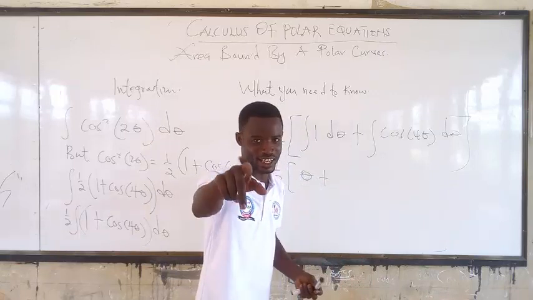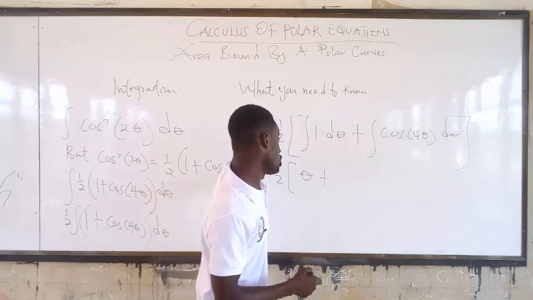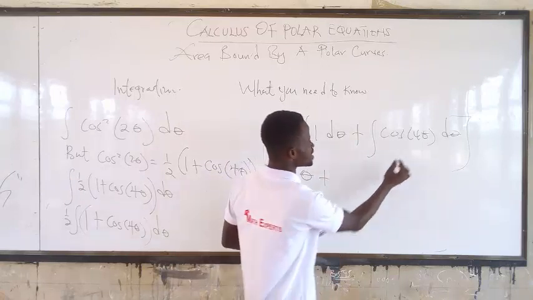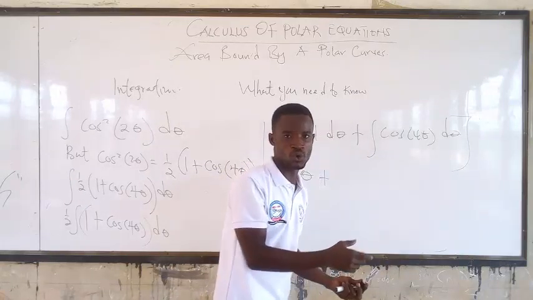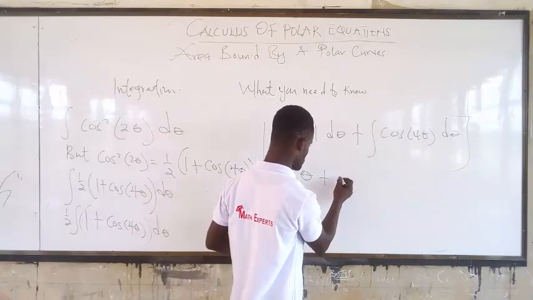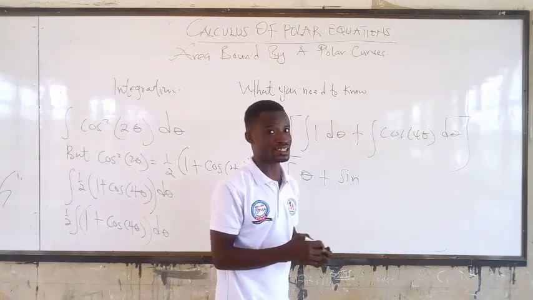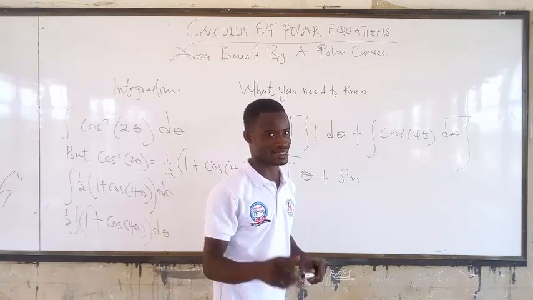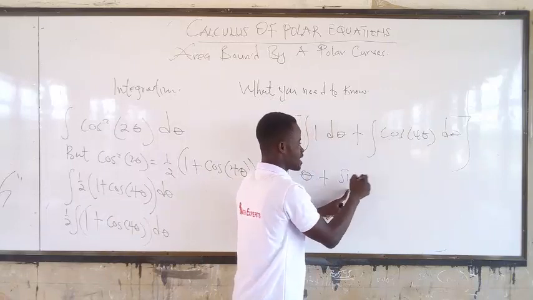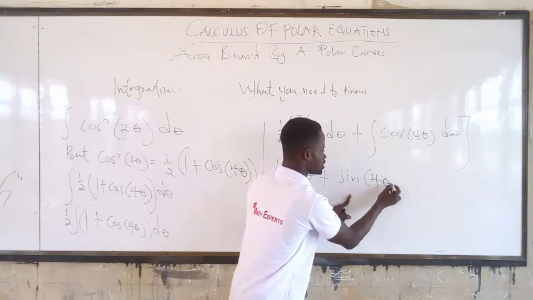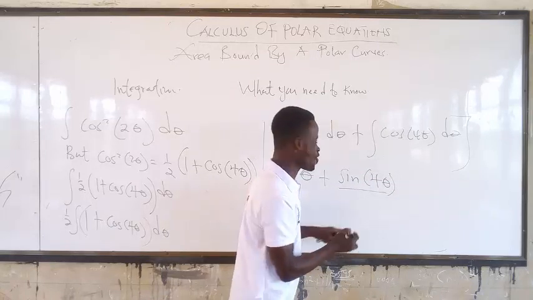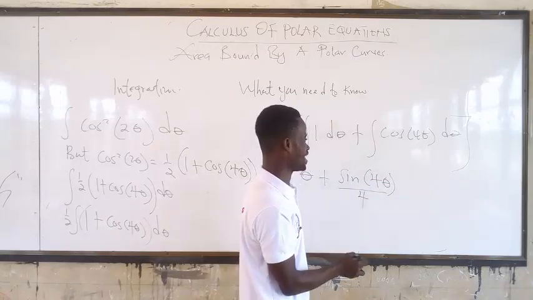I'll give you a technique. Don't worry. To integrate this, you go by that process, setting the inside to be u. I'm going to write it just once, and I'll tell you the technique. Integrate cos, you get sine 4 theta over 4.